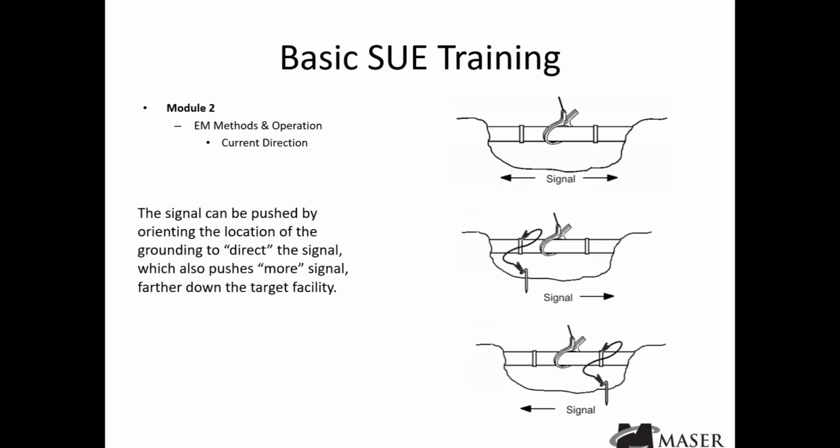So you have to pay attention to where you are relative to where your transmitter is. If you were off, say, 100 feet to the right of this graphic, and you were looking at your current direction, you would notice that your current is headed towards you if you were facing back towards the clamp. Okay?